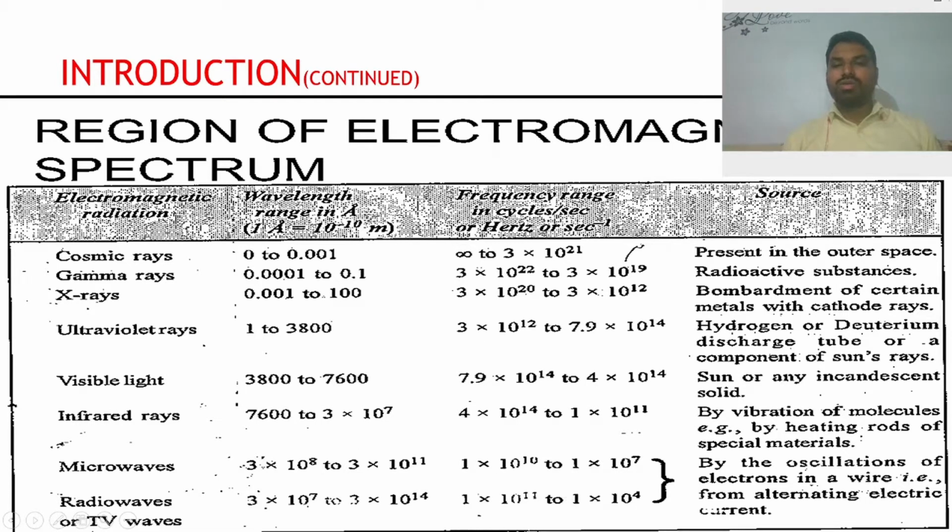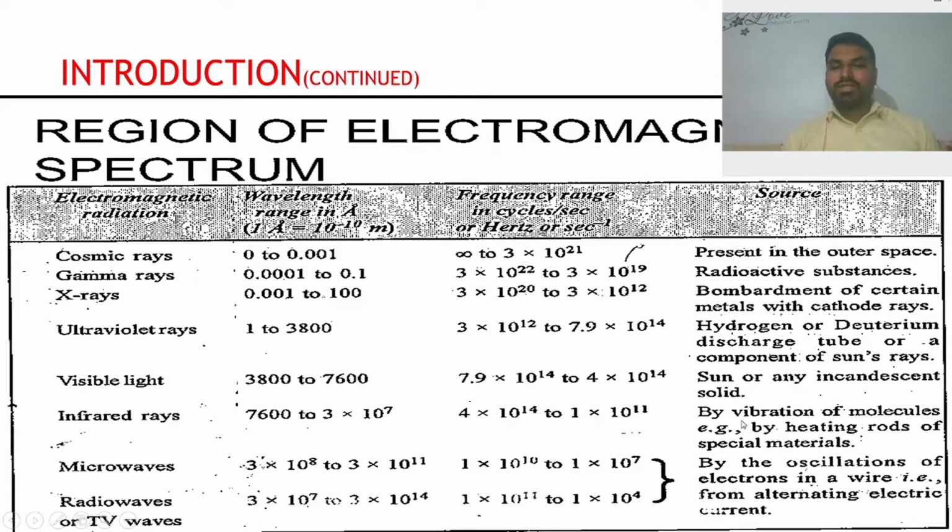Now these are the sources. Cosmic rays have their source in outer space. Gamma rays come from radioactive substances. X-rays come from bombardment of certain metals with cathode rays. Ultraviolet rays come from a hydrogen or deuterium discharge tube or a component of the sun's rays. Visible light comes from the sun or any incandescent solid.